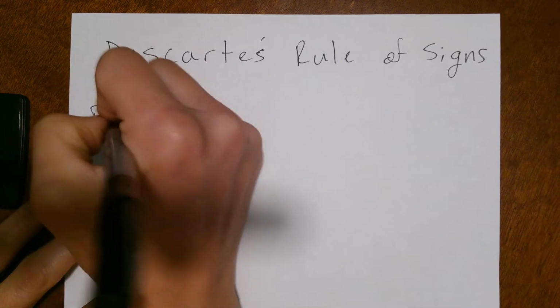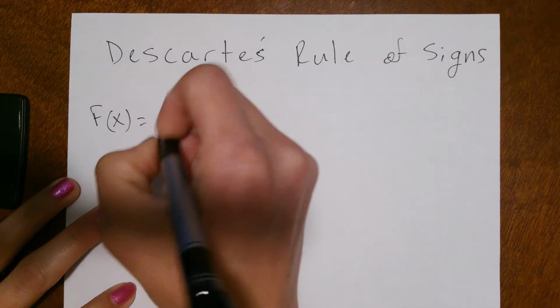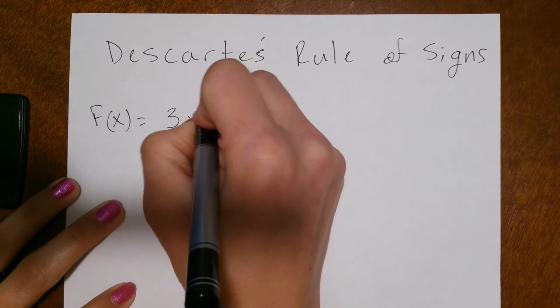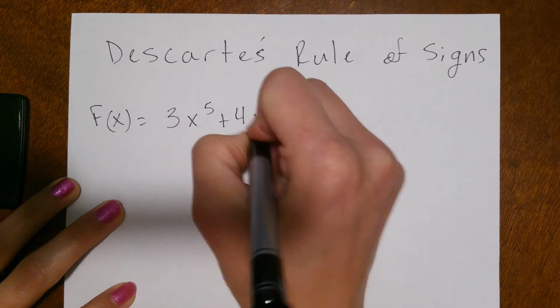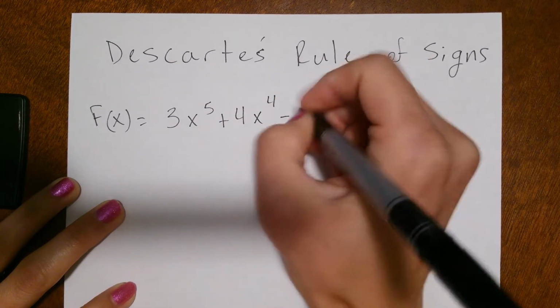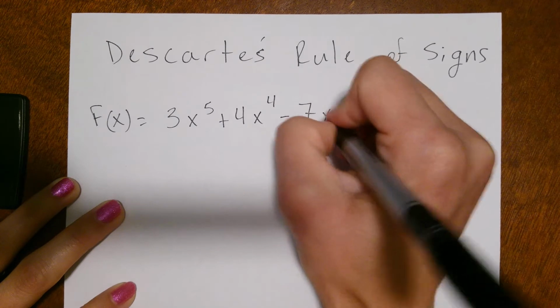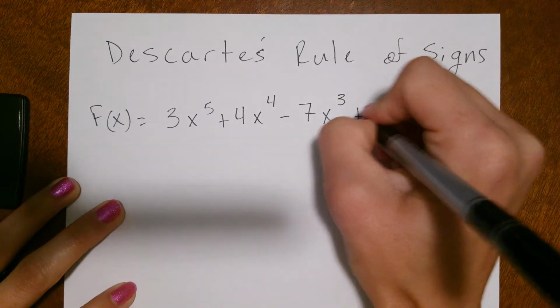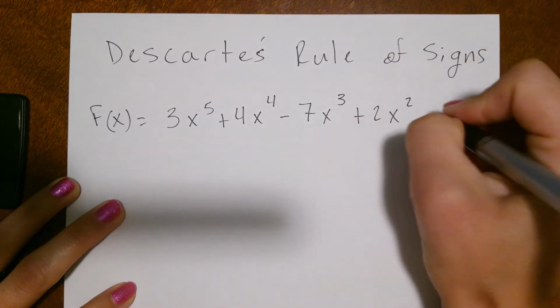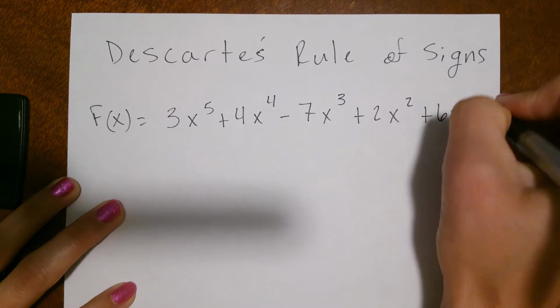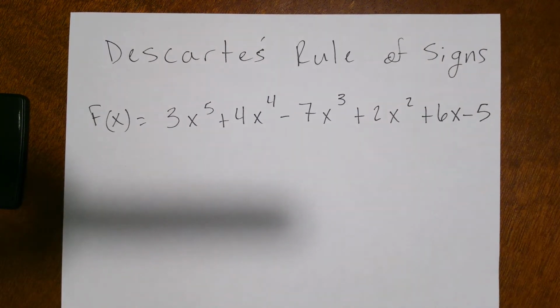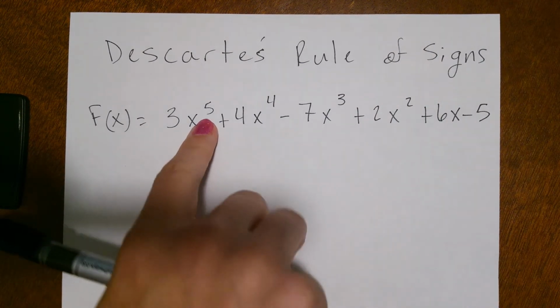So let's say that I have f of x equals this polynomial right here. So the degree of this polynomial is 5.